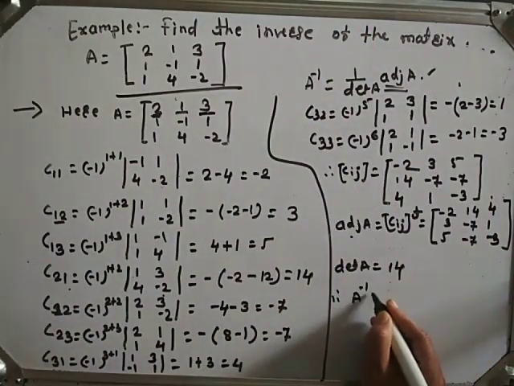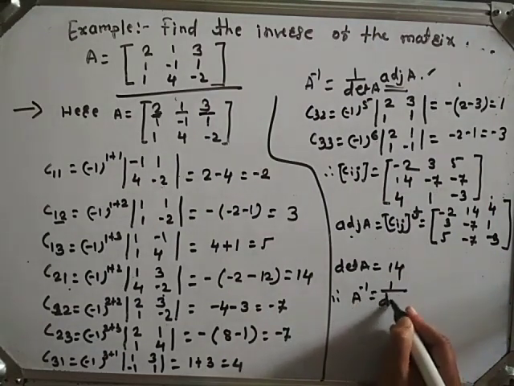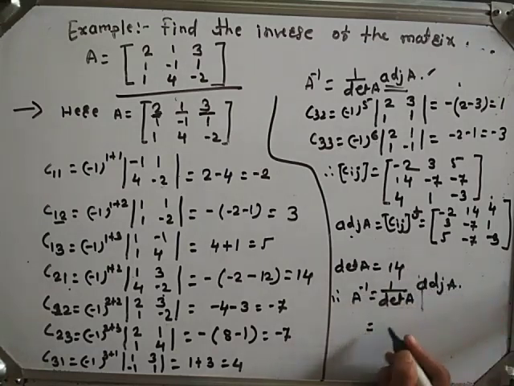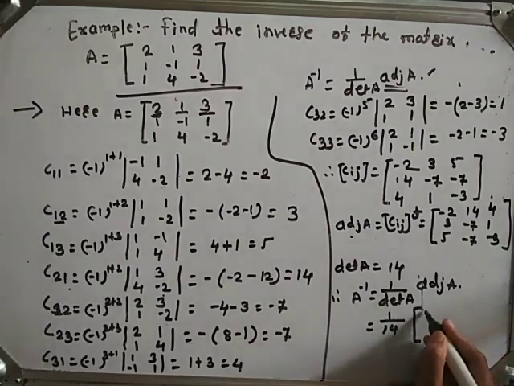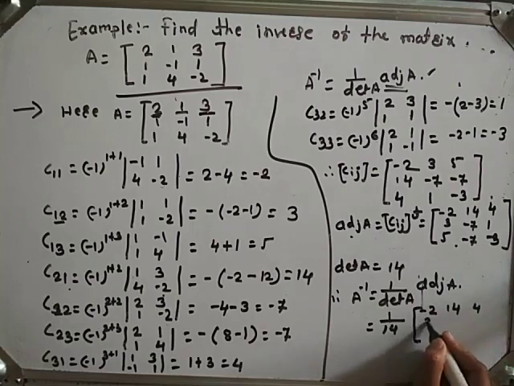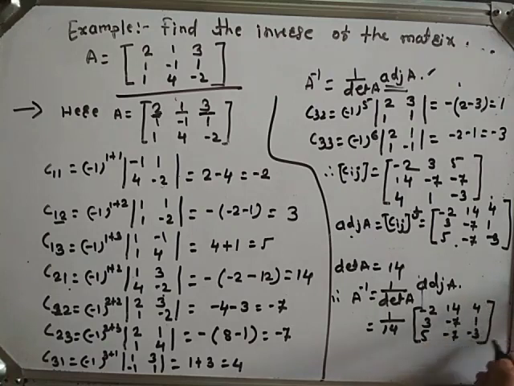So A inverse is equals to 1 upon determinant of A into adjoint of A, okay, which is equals to 1 upon 14 into, this is adjoint of A matrix, minus 2 upon 14, 4, 3, minus 7, 1, 5, minus 7, minus 3, okay, which is equals to minus 2 upon 14, 14 upon 14 is 1, 4 upon 14, 3. This is minus 7 by 14.